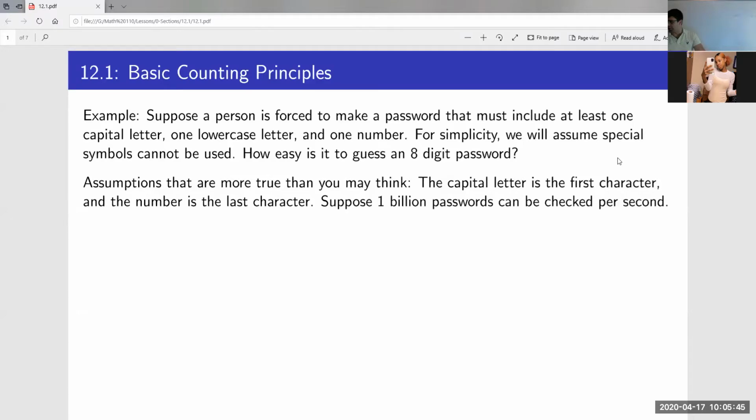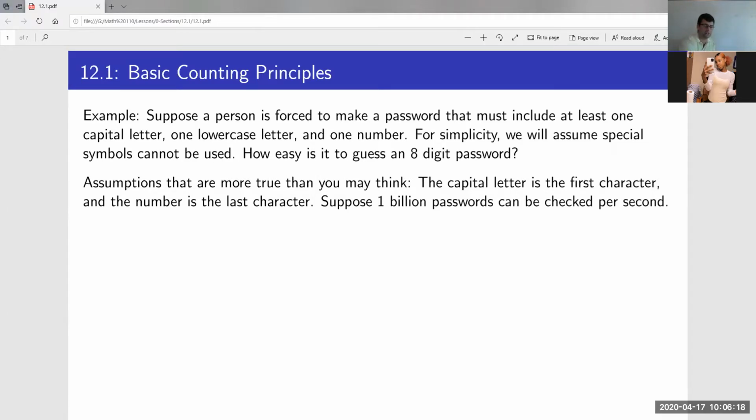No, this is not learning how to count. This is not that kind of counting. But the topic of today is going to be basic counting principles. And believe it or not, it is actually kind of a big deal, especially in the cybersecurity world of today. Well, let's start off with an example.